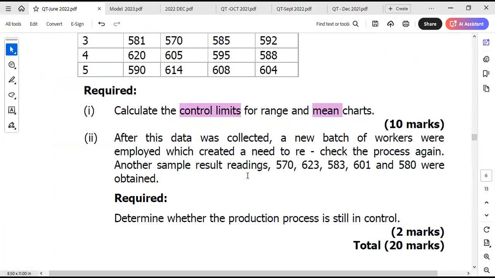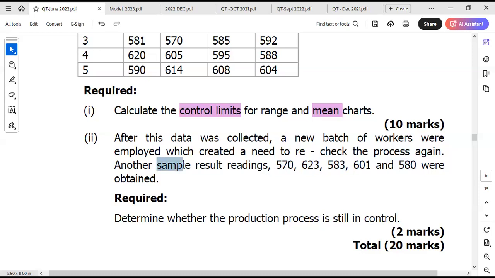Now you have another sample with these readings. Remember, they are saying you determine whether the production process is still in control.